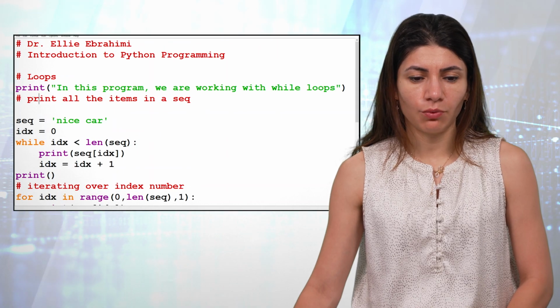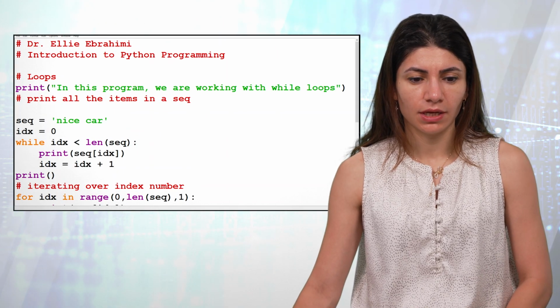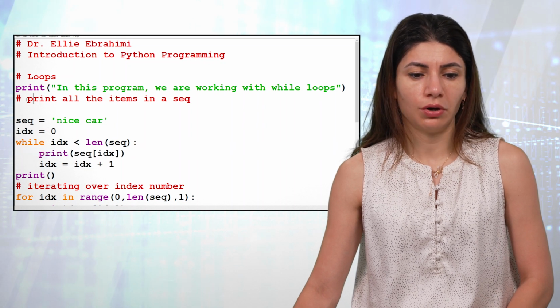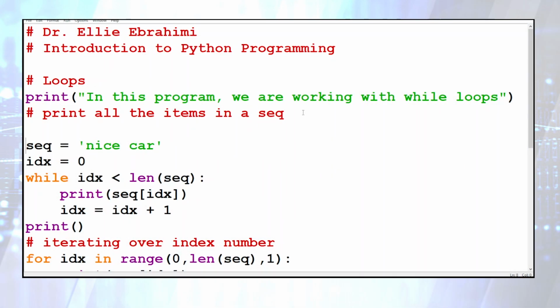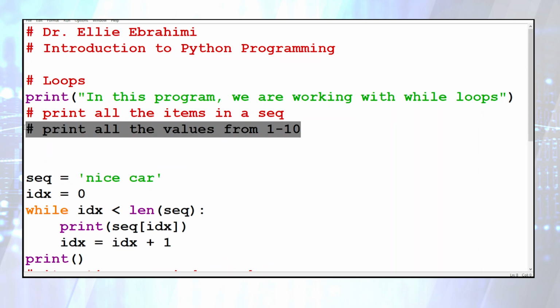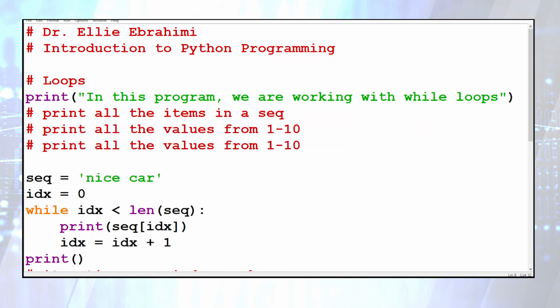So I want you to practice something else and see if we can use the loops that you know to generate those numbers. So in the next example, just try to print all the items or all of the values from 1 to 10. And then in another example, print all of the values from 10 to 1. Okay, 10 to 1.